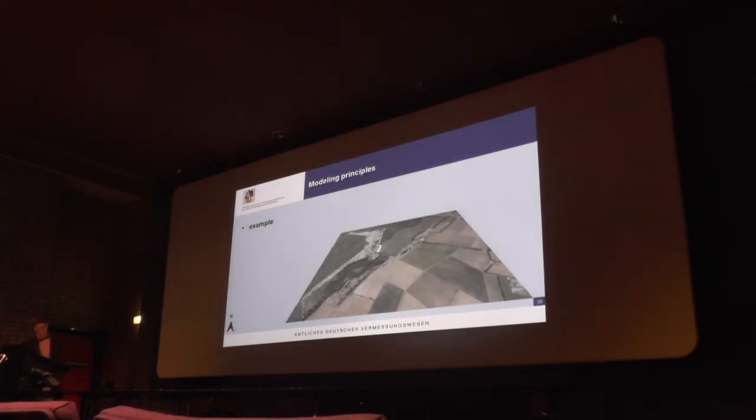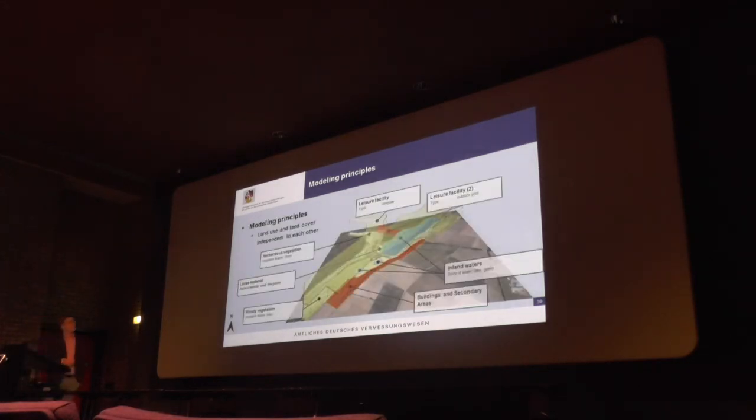Here an example. We see here is a campsite in use. The campsite is on the land use level, and under the land use, we have the land cover level.